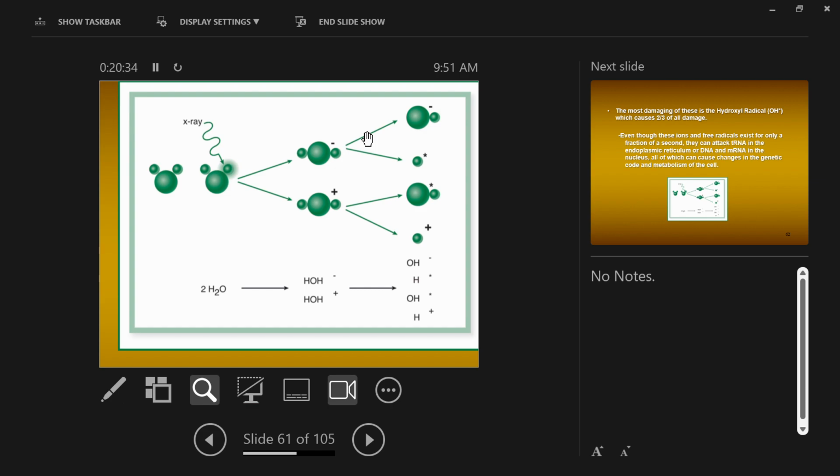You have a single electron, so that atom is going to seek to get an extra one. But the real moral of the story is that you have four charged particles that can be created from just two water molecules nearby, one of them getting ionized, okay? And all four of these are now going to be able to cause some harm. So you have free radicals and ions created from that pair.